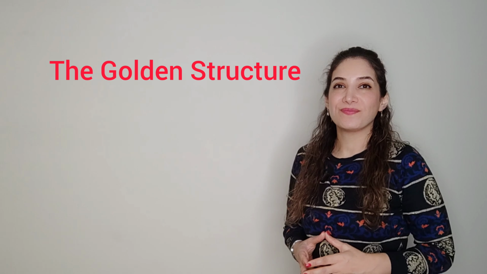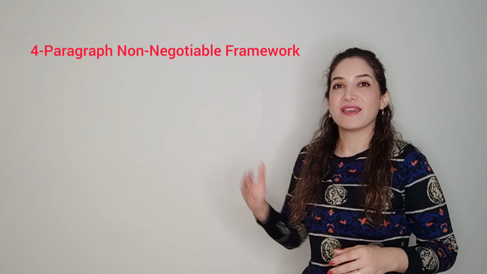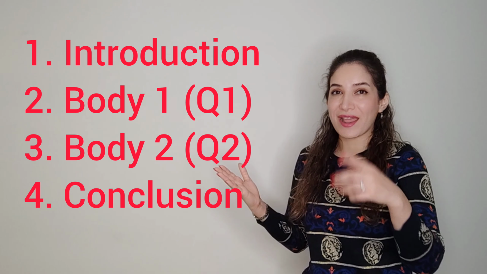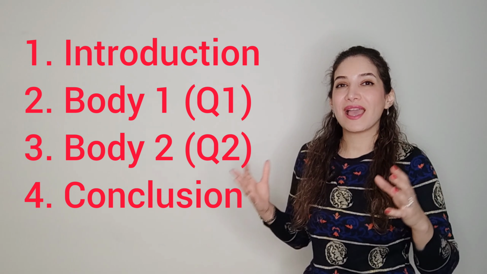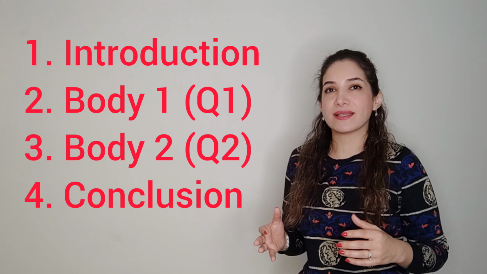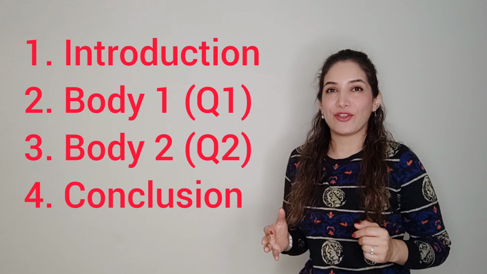There is one non-negotiable structure for this kind of essay. The first paragraph is the introduction, and for the introduction, we should paraphrase the prompt, and then we have to use an integrated roadmap. Why integrated roadmap? I will tell you later.